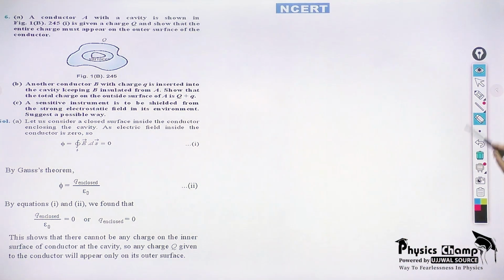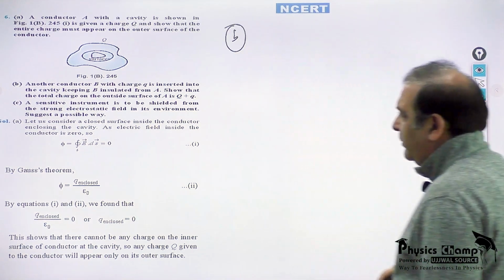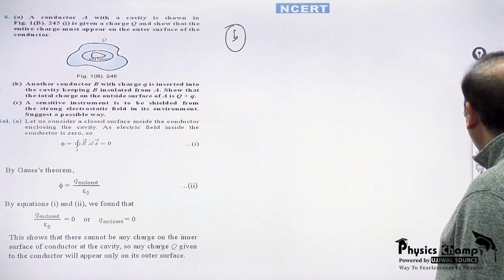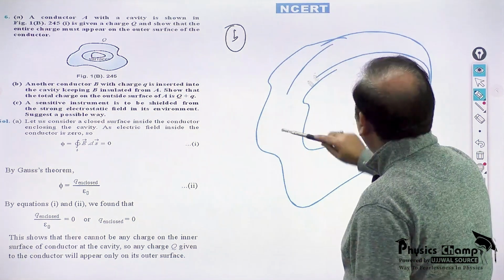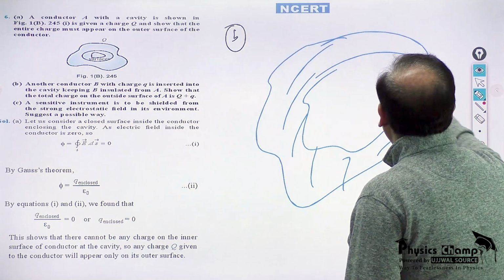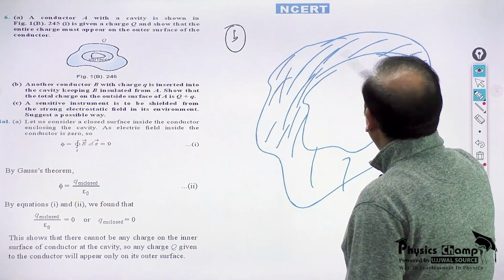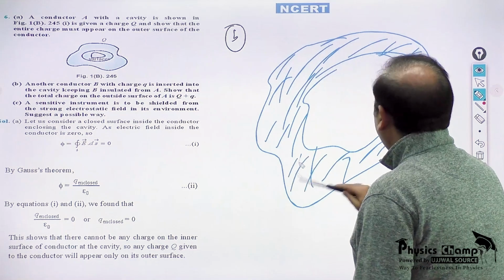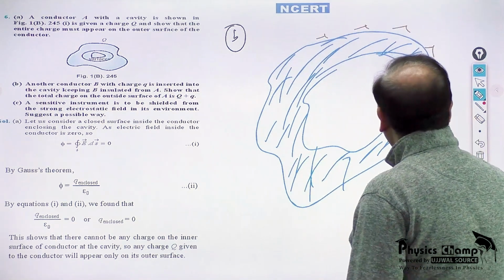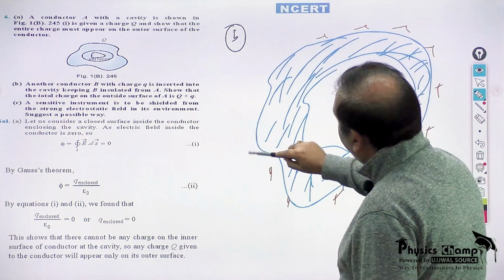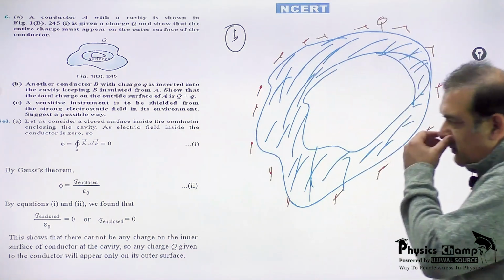Now let's take part B here. In part B, in the same conductor, you had this conductor, and to this conductor a charge Q was given, which was on the surface.